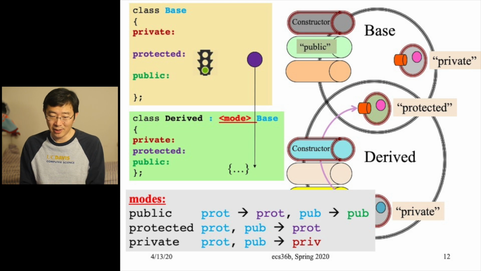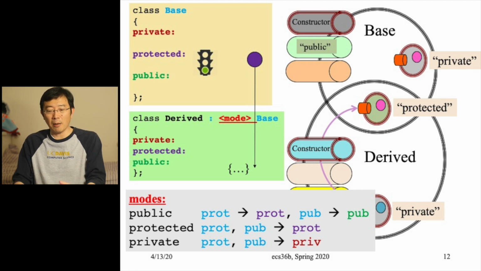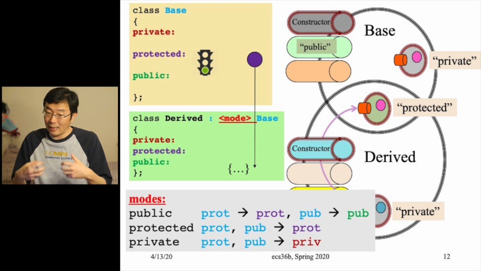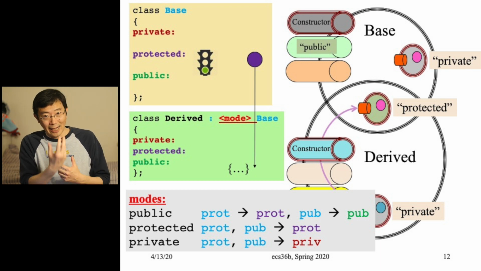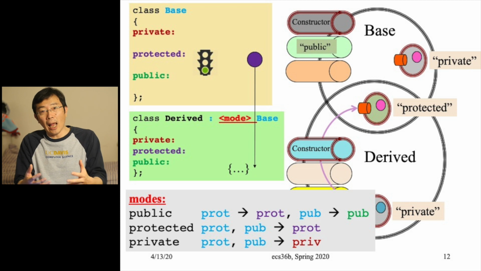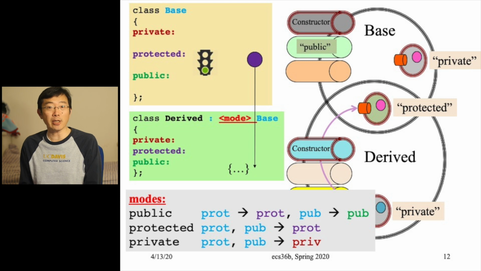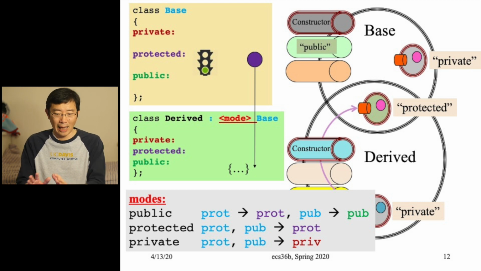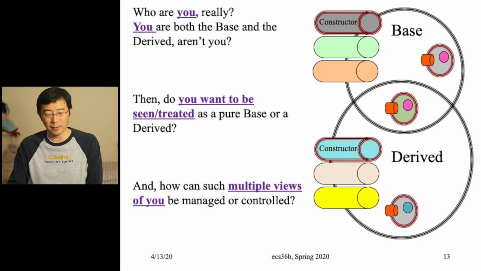Similarly, if you define that as private, both protected and public members are going to be put in the private section of the derived class. So this is essentially saying that, okay, you allow me to inherit from you from both the protected region and the public region, but where I'm going to put it in my own derived class is controlled using this inheritance mode. Okay, so that's the second thing I would like you to know about inheritance in C++.